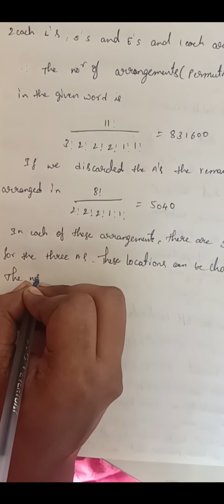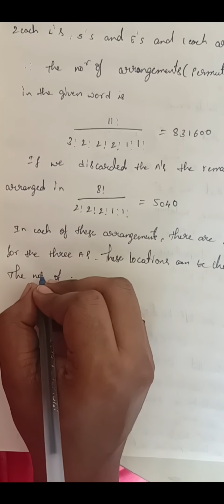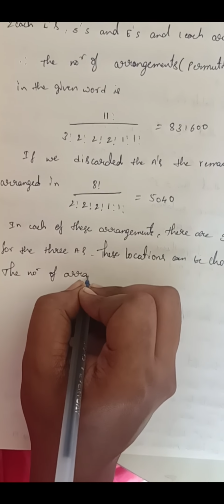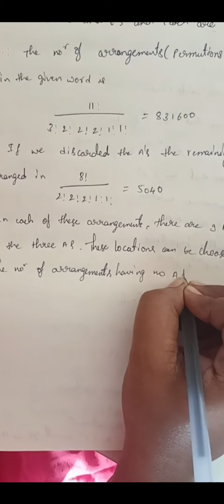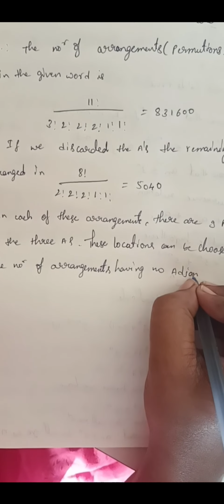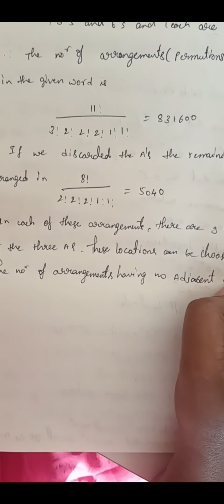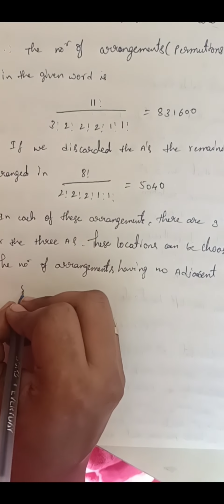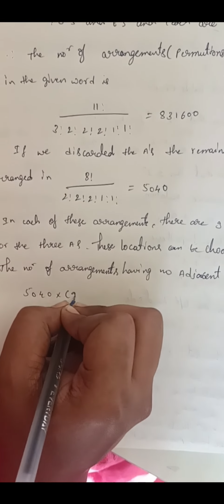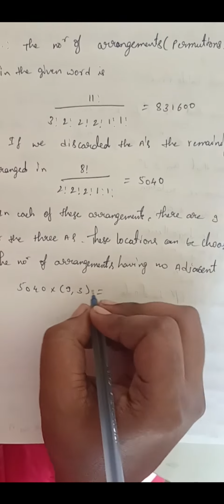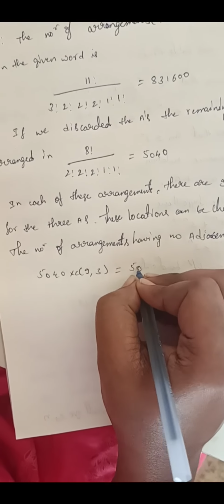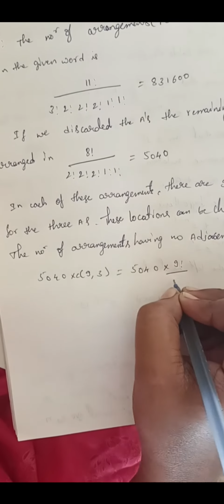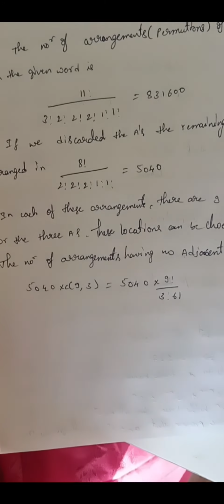The number of arrangements having no adjacent A's is 5040 into C(9,3), which equals 5040 into 9 factorial by 3 factorial into 6 factorial.